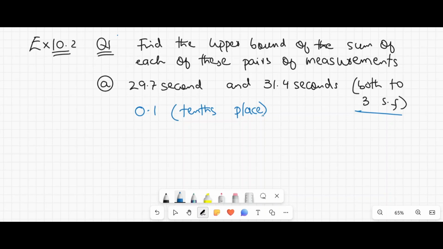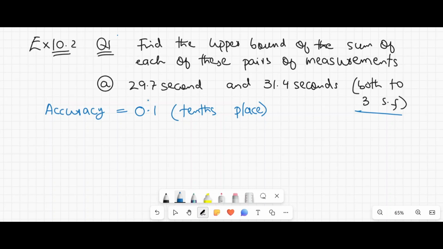That's why I'm choosing 0.1 as the accuracy, because we had rounded 29.7 to the third significant figure.